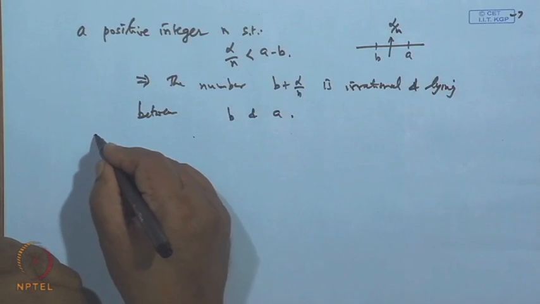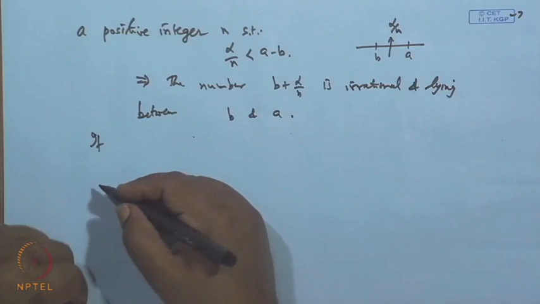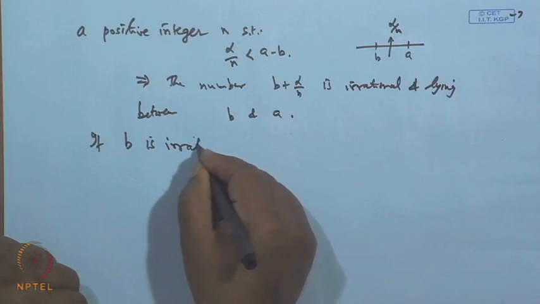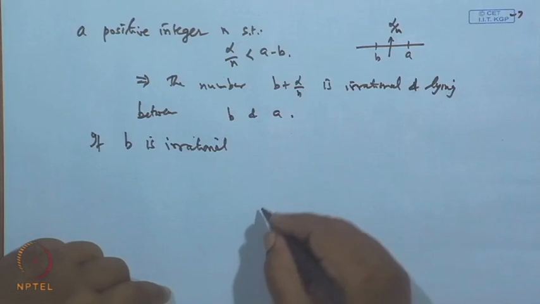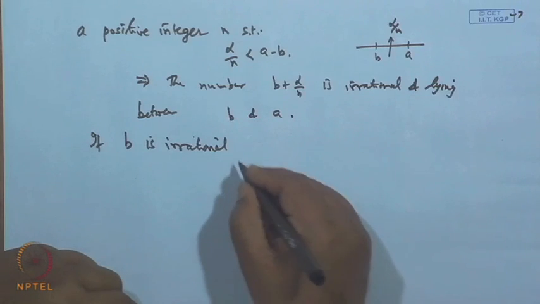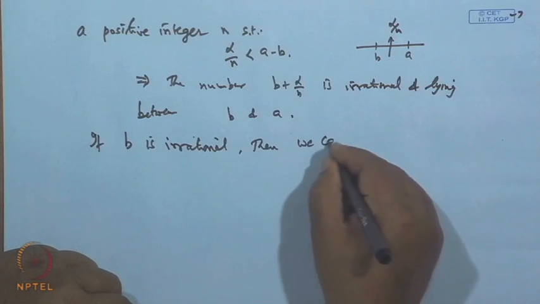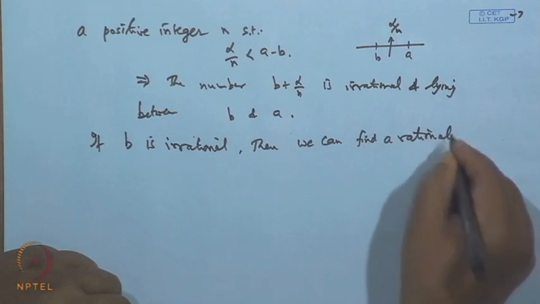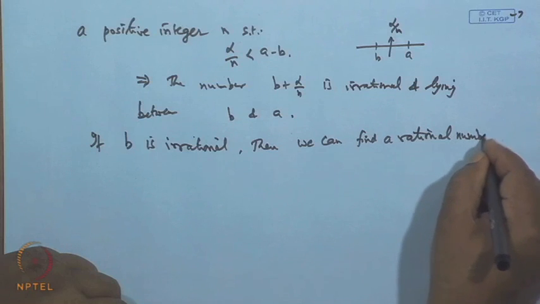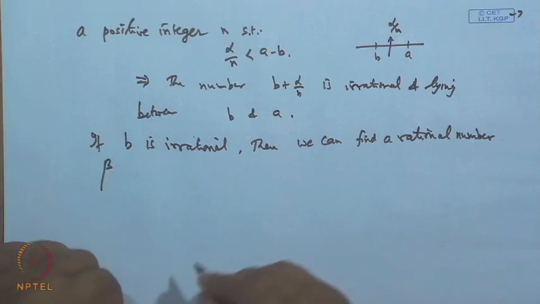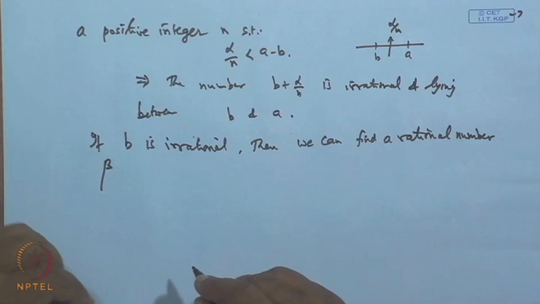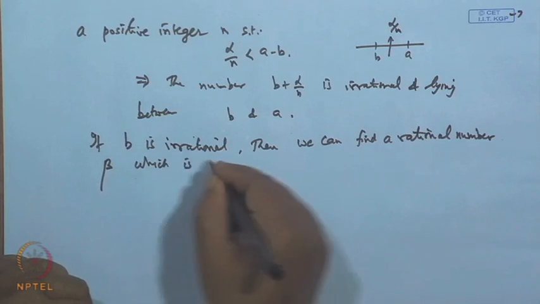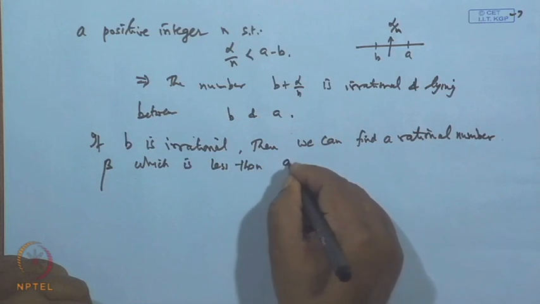Now, if b is irrational, because we have assumed one is to be rational, then we can find a rational number beta which is less than a minus b.